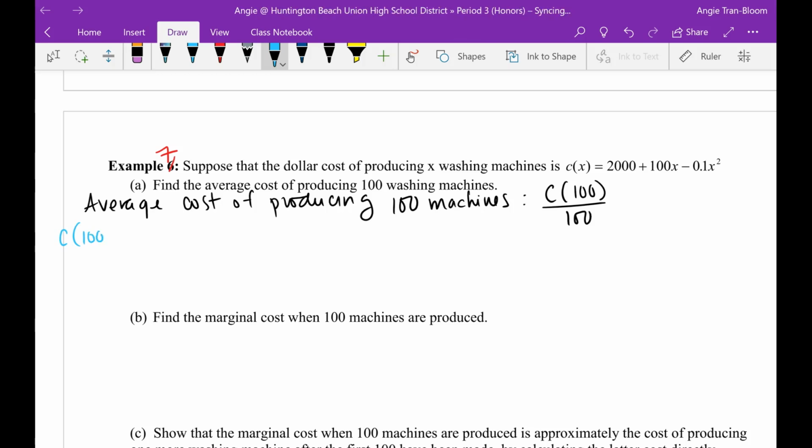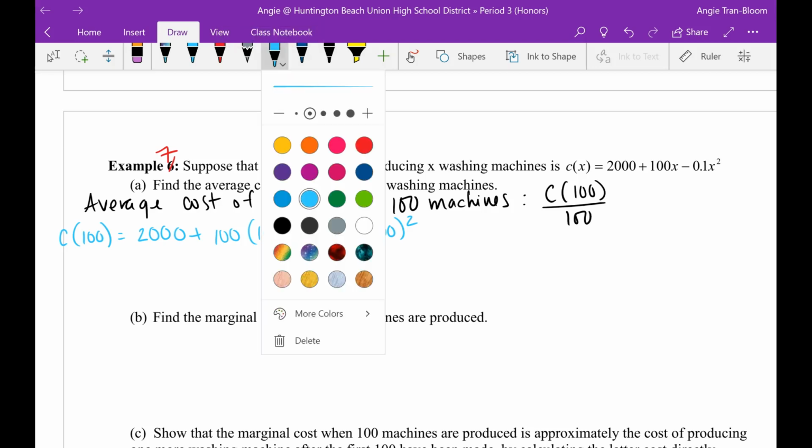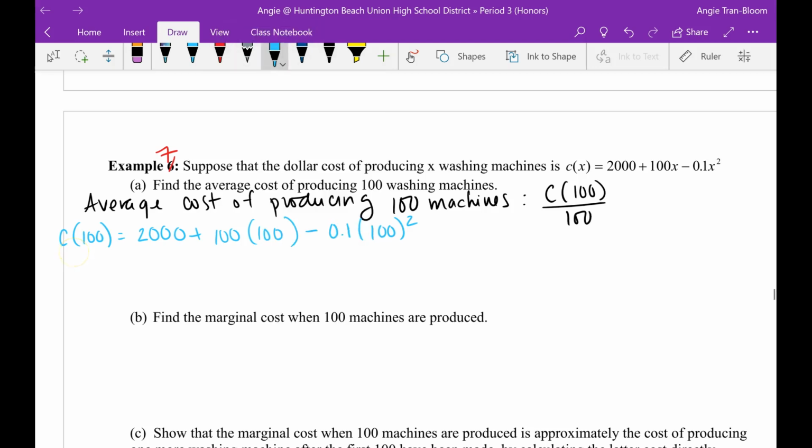C of 100: let's plug in 100, so that's 2,000 plus 100 times 100, because I'm producing 100 machines, minus 0.1 times 100 squared. Now I'm going to punch it all in my calculator. That's just the cost of 100. Now I have to divide this by 100, and my calculator spits out $110.